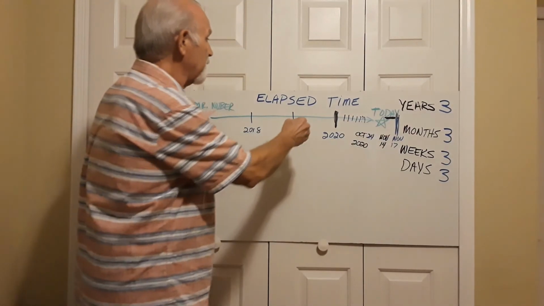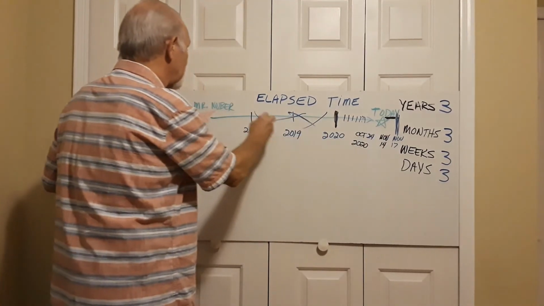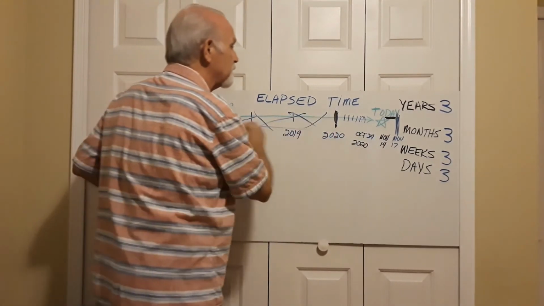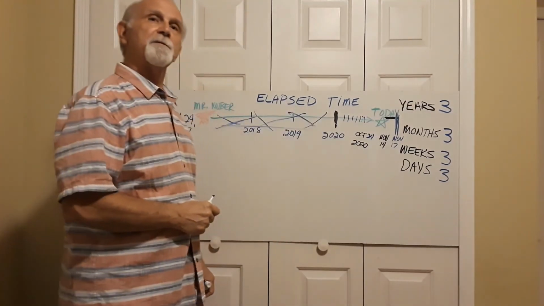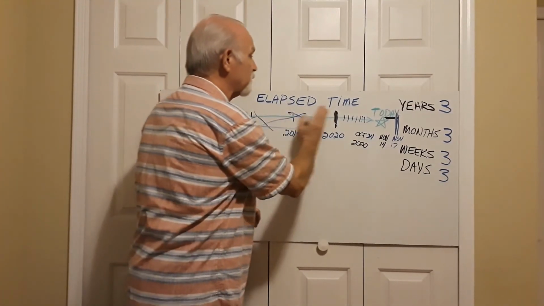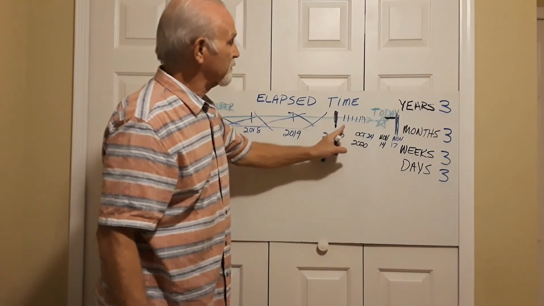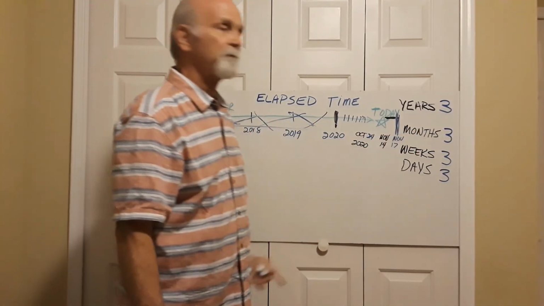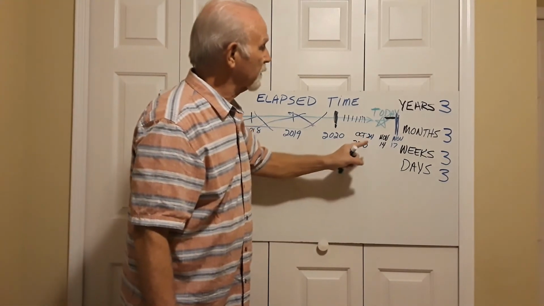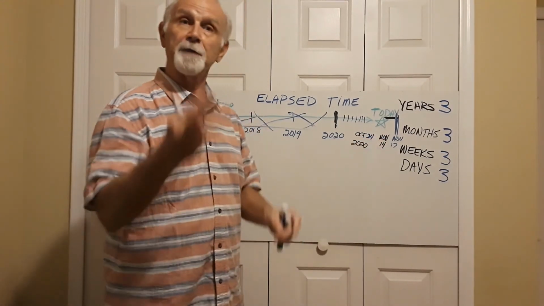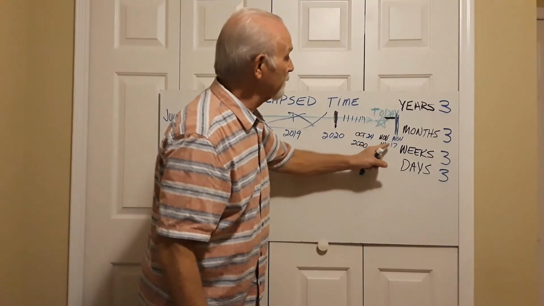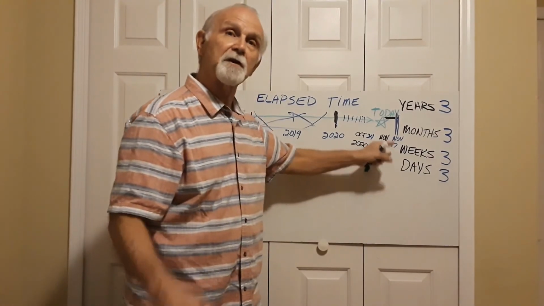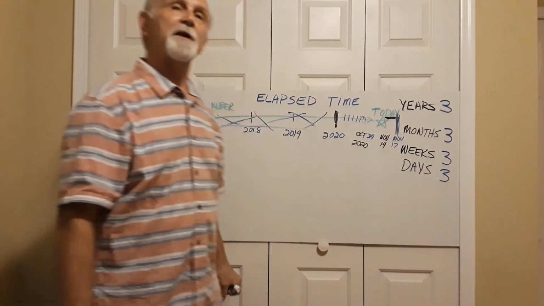Look, we eliminated all of this simply by doing years first. And all of this was done, and now I just have to go from July 24th to October 24th, that's 3 months. Then from October 24th to November 14th, that's 3 weeks. And from November 14th to November 17th, which is today, that's 3 days.